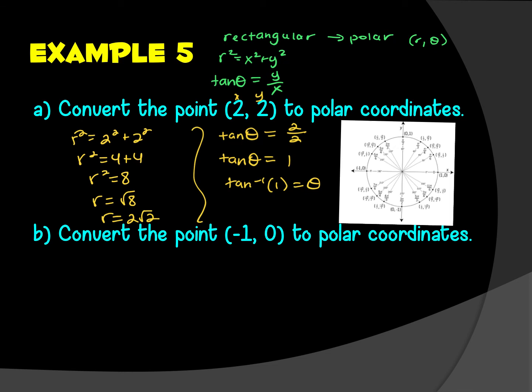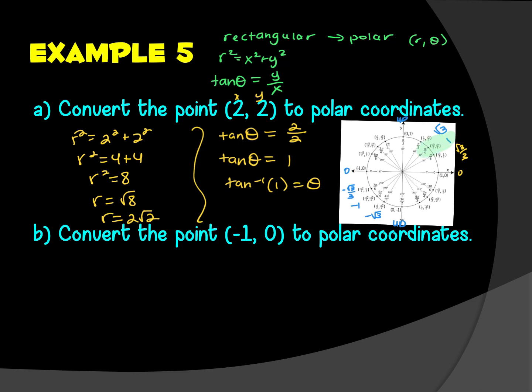Okay, remember tangent is 0, root 3 over 3, 1, root 3, undefined, and that repeats around my circle. So tangent is also 0 here, negative root 3 over 3, negative 1, negative root 3, and undefined. Tangent is 1 in 2 spots.